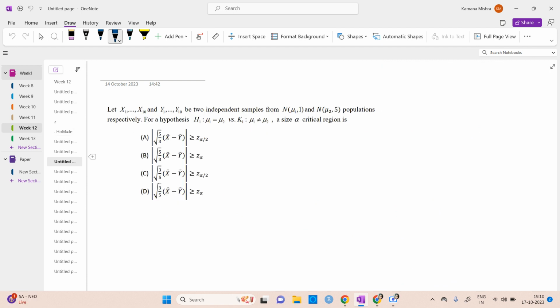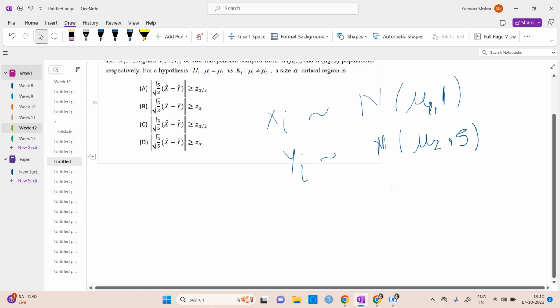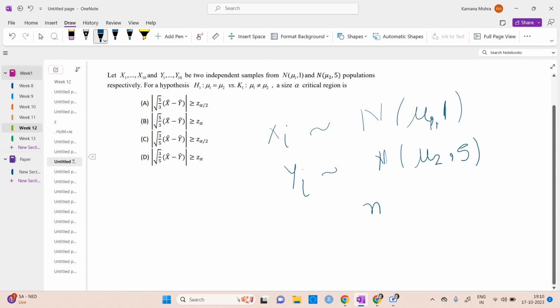Okay, so next question given here is that we have two independent samples, and then it is coming from N(mu1, 1), and the other one is N(mu2, 5). So this is xi and these are yi, right? And then n is 10 for both. So then what would be the critical region?